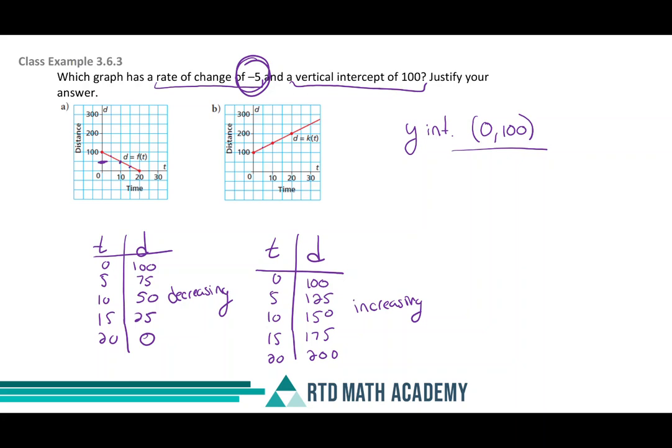And we could have just looked at the graphs themselves, but you know me, I like to make sure that we're consistent here. So I can see here that for every 5 units I am dropping 25 units for the distance.